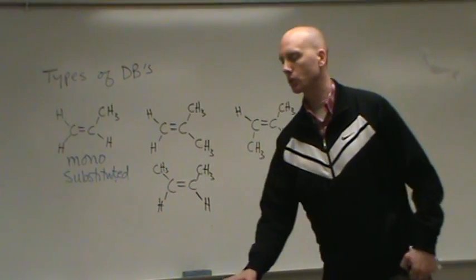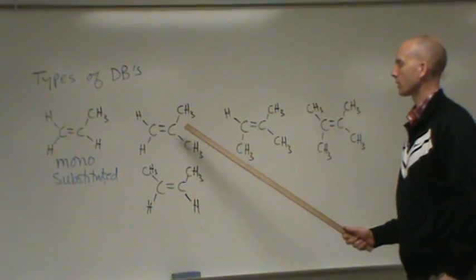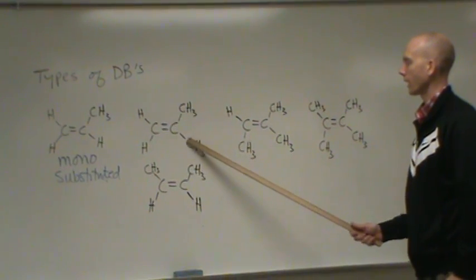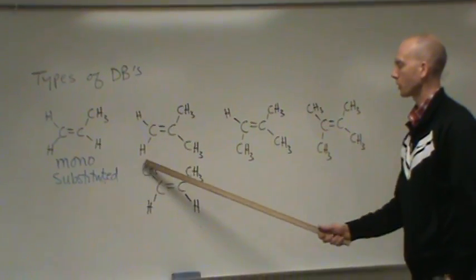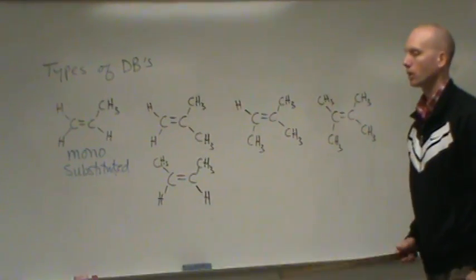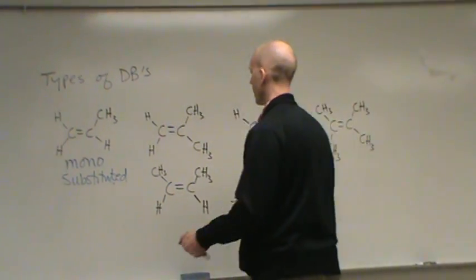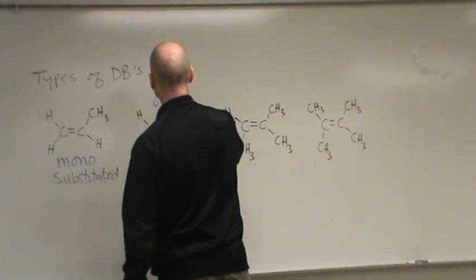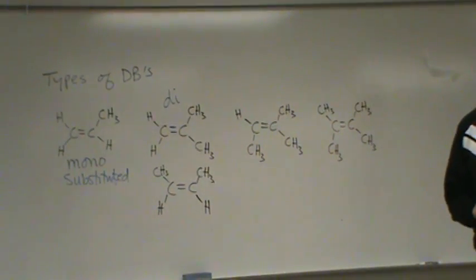How many carbons are on this double bond? 2. 1 and 2. This one down here has 2. So here's two different ways of having 2 on this one. And so this is what's called a di-substituted double bond.